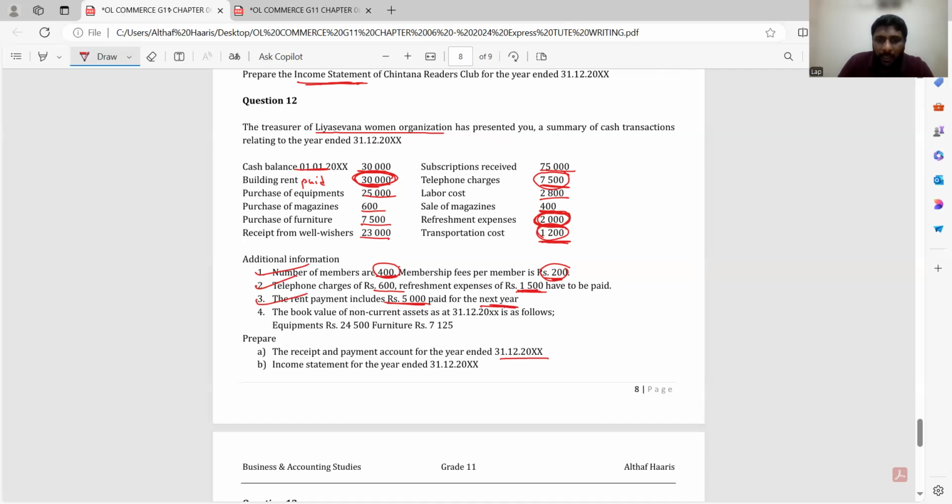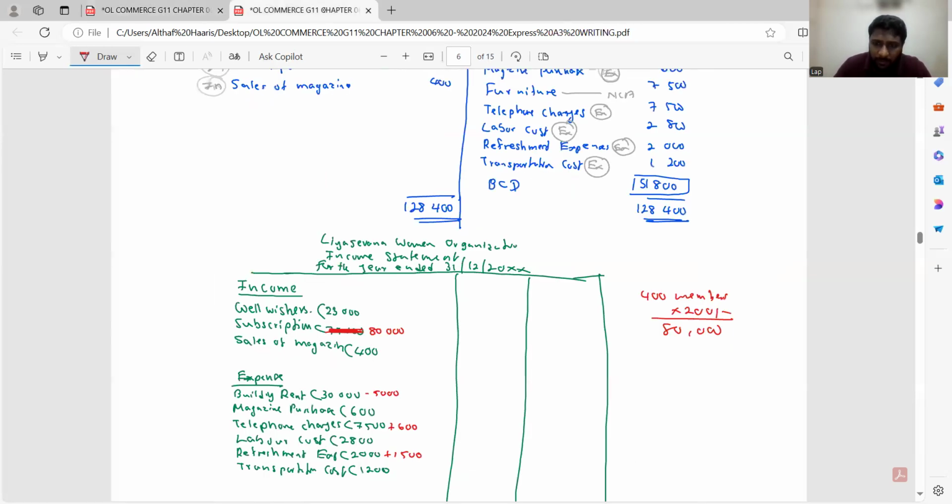Next one. This is a nice one. Book value of non-current assets at the end of the year: equipment 24,500, furniture 7,125.